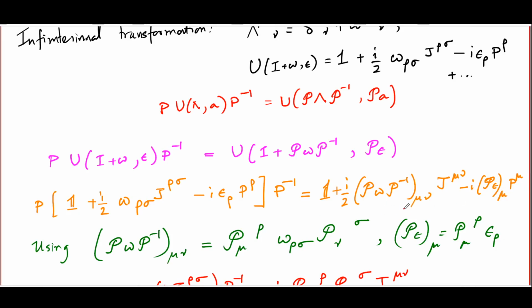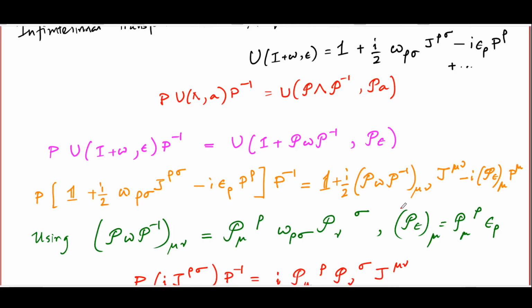And in order to proceed further, what we will need is an expression for 𝒫ω𝒫⁻¹ as μνth element. There is something which we have shown earlier. So we are just going to use this result that 𝒫ω𝒫⁻¹ as μνth element is 𝒫^μ_ρ times 𝒫^ν_σ times ω^ρσ.